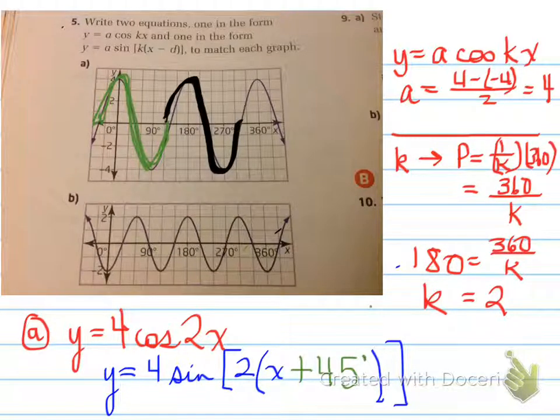It shifted to the right approximately 135 degrees. But if you know how to do the green one, you're good to go. And the values that I'll give you are much easier to read.